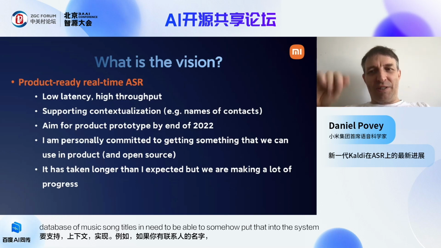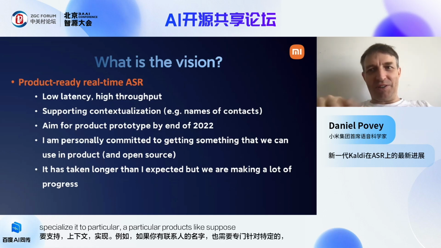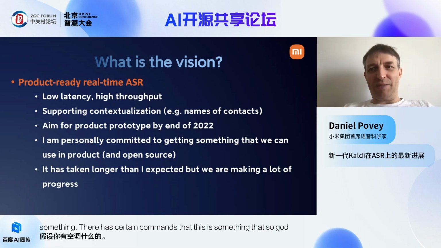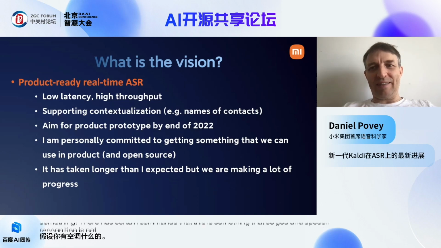We also need to specialize it to particular products, like suppose you have an air conditioner that has certain commands. This is something that so-called end-to-end speech recognition is not very good at.